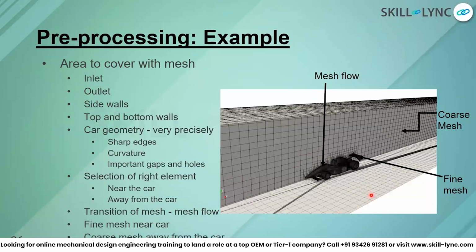Computational fluid dynamics is a virtual test of a finite domain. We cannot have a mesh in an infinite domain. We have to have boundaries in which we are simulating, so we define conditions: the inlet, outlet, and sidewall. That's basically the boundary conditions.